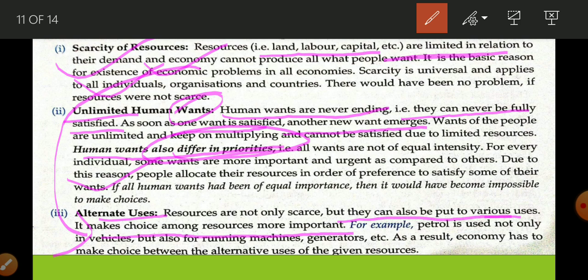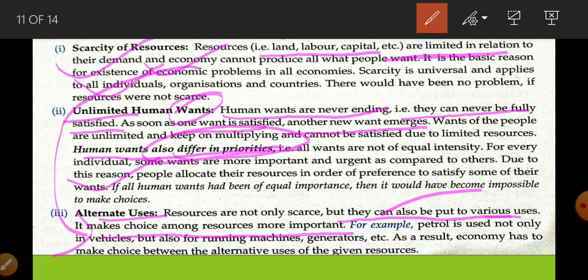If there is no electricity and we are using our inverter, we are not going to use it for running the AC or cooler, because it is going to discharge. At that time we are going to run just one fan. So this is what alternative uses means. We can use one thing in more than one way, and that is associated with our resources.